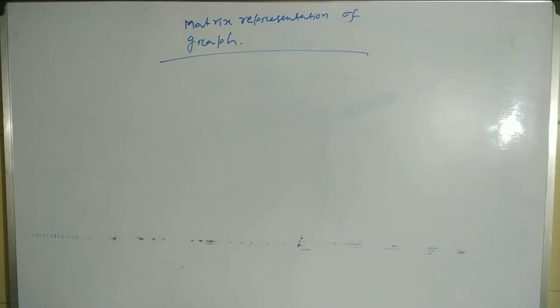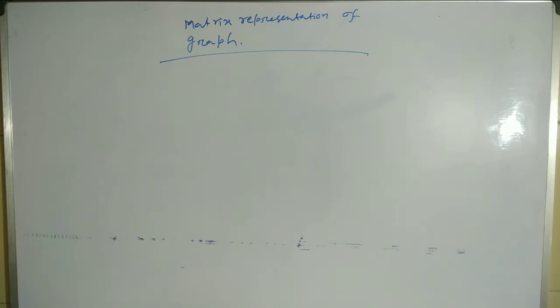Now, what is matrix representation of a graph? To represent a graph, the way of drawing the vertices and edges is not the only way. We can also represent a graph by just writing a matrix.